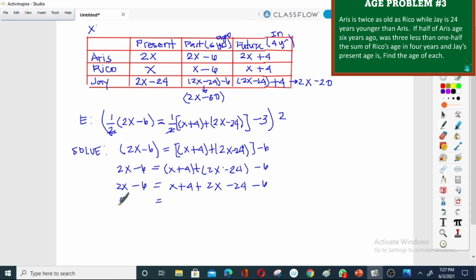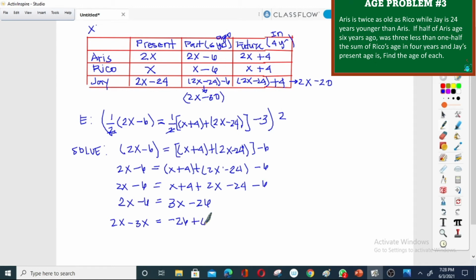2x minus 6, 2x plus x plus 2x is 3x, negative 30 plus 4 is negative 26. And then transpose negative 3x to the left, it becomes negative x, is equal to negative 26 plus 6.